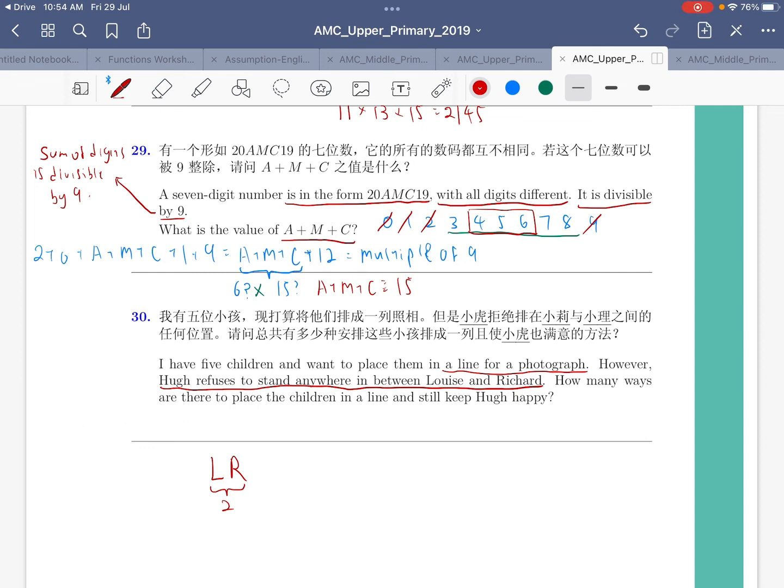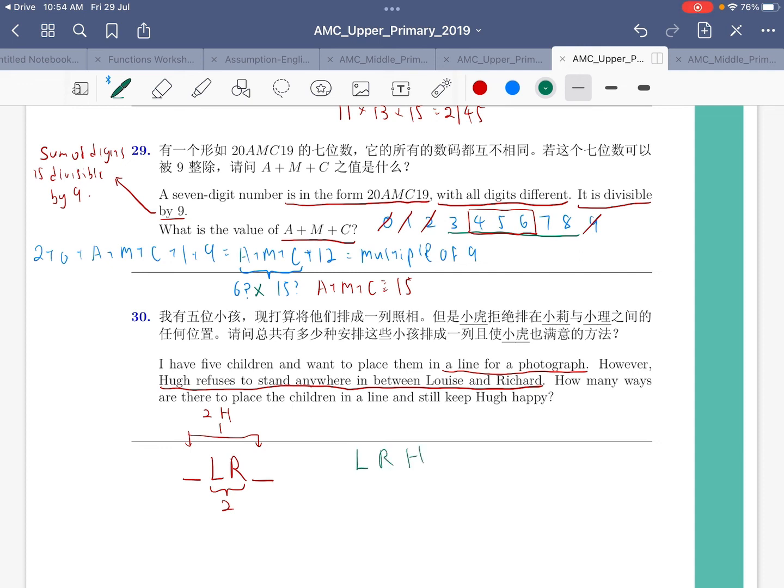In this case, he can stand on the extreme left-hand side, or he can stand on the extreme right-hand side. These are two possible spots for him. So there are two for Hugh as well. Now, we can start to imagine that maybe Hugh has decided to stand here.